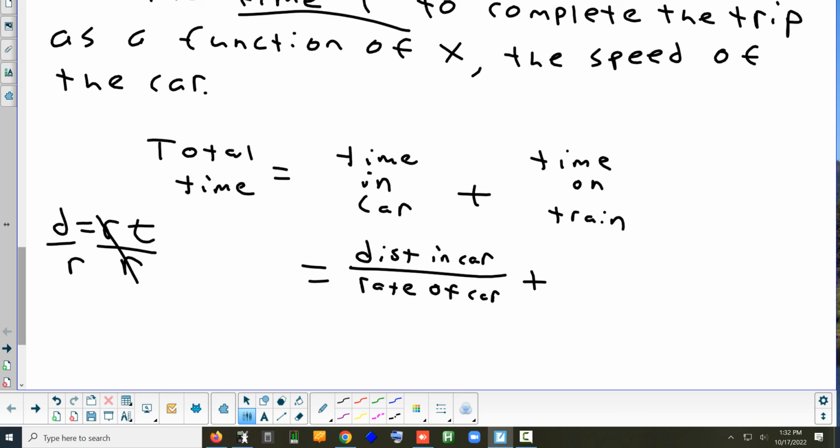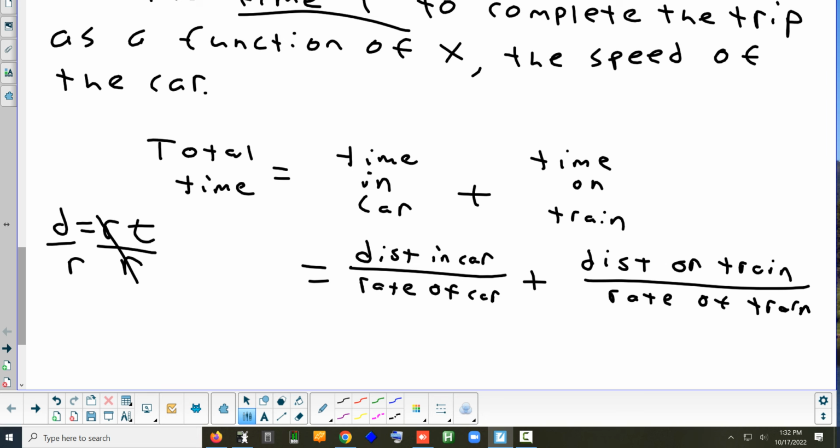Plus, how are we going to find the time that she spends on the train? Yep, so distance she travels on the train divided by the rate of the train. So now we just fill in those 4 things. 2 distances and 2 rates.